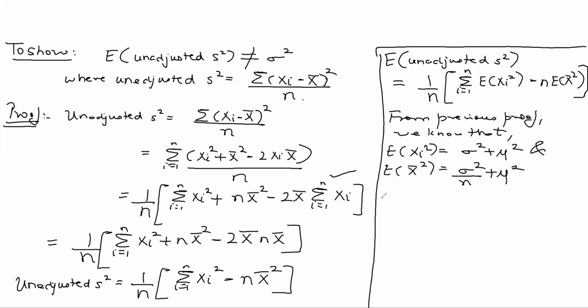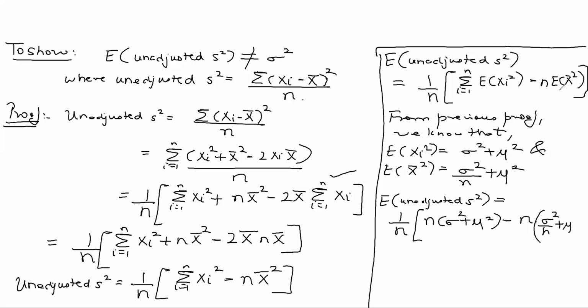So if I make the substitution, expected value of unadjusted s square is 1 upon n times, this comes out, so expected value of xi square is sigma square plus mu square. If I add it n times, it's n times sigma square plus mu square minus n times expected value of x bar square, which is sigma square by n plus mu square.